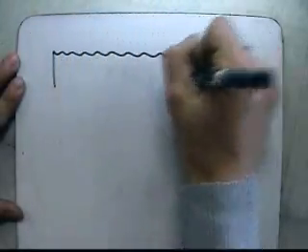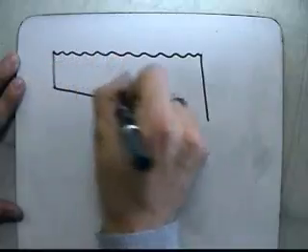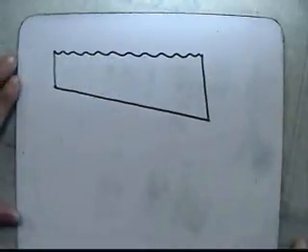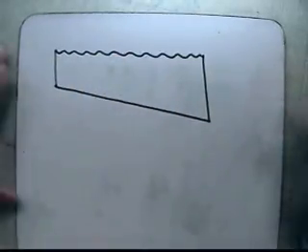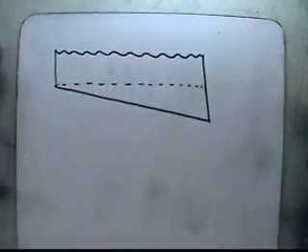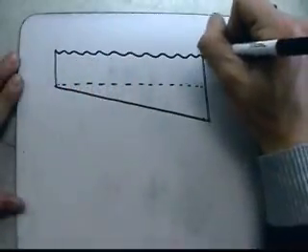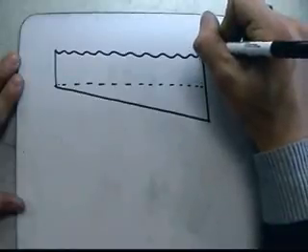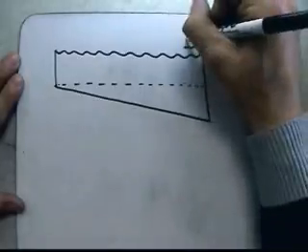Okay, one more and then we're done. We get to draw a pool. Do I need to touch the table? Draw a diagonal or something. There you go.